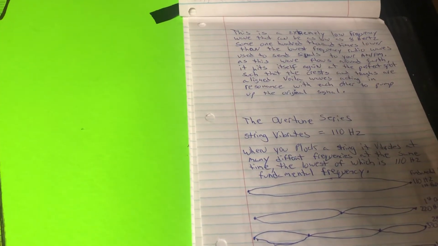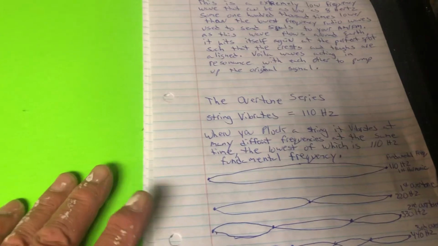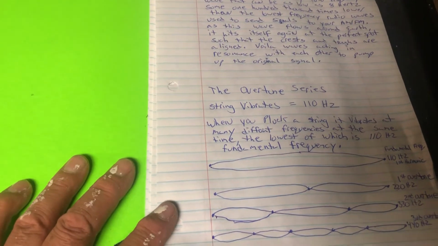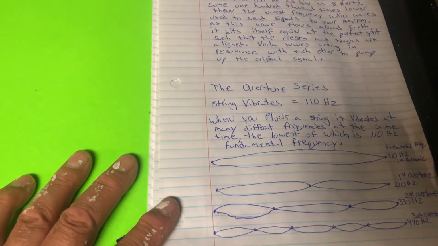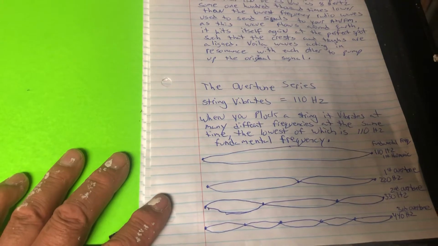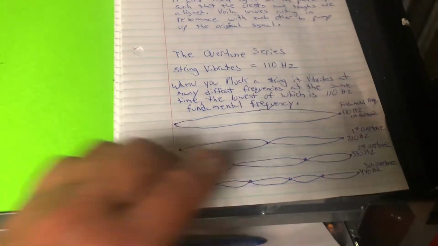Let's get into it. So over here we have a string that vibrates at 110 hertz. When you pluck a string, it vibrates at many different frequencies at the same time, the lowest of which is 110 hertz, the fundamental frequency.